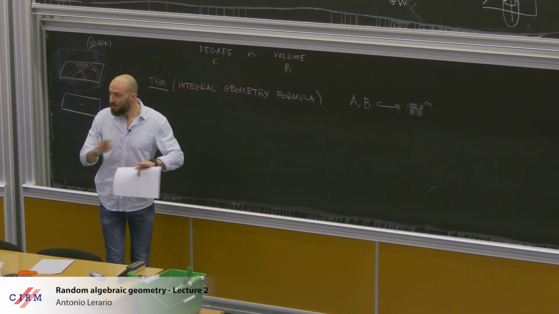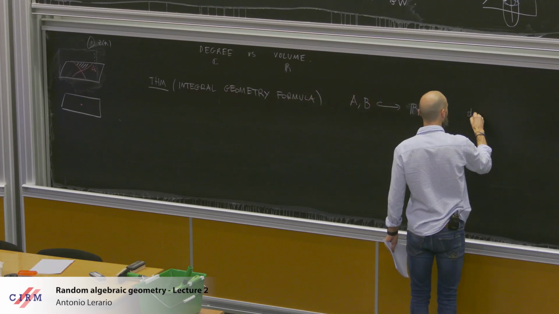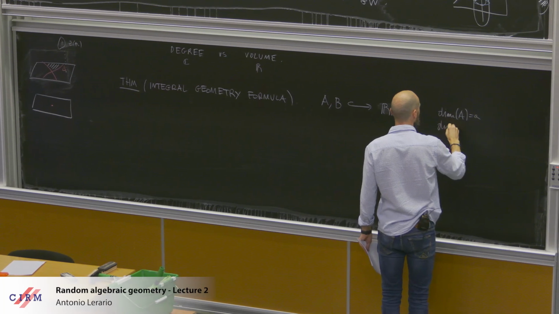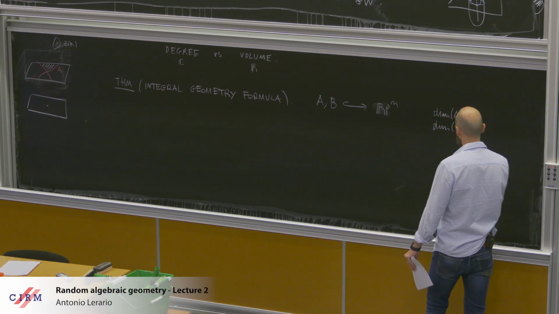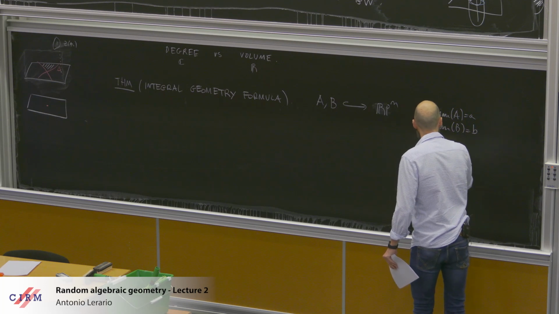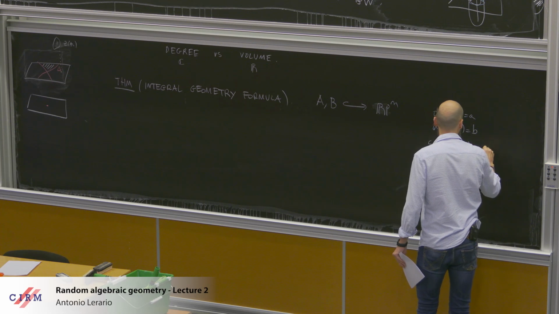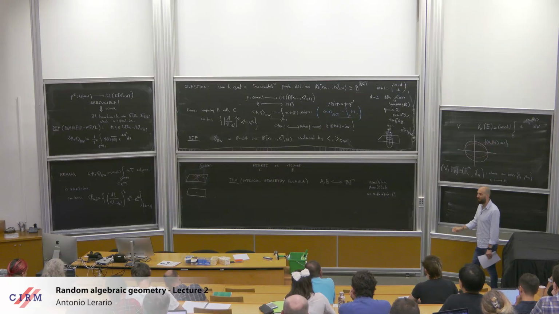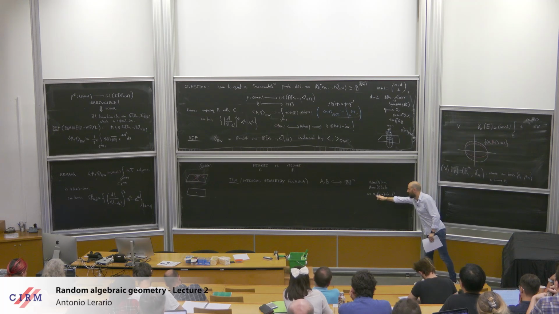These are just smooth submanifolds. Say that A has dimension a, and B has dimension b, and so I call c = n - a - (n - b). So that's the expected codimension of an intersection of these two manifolds. Just a number, keep it here, okay?